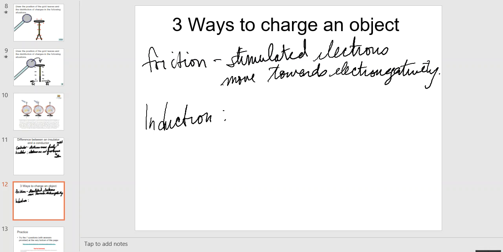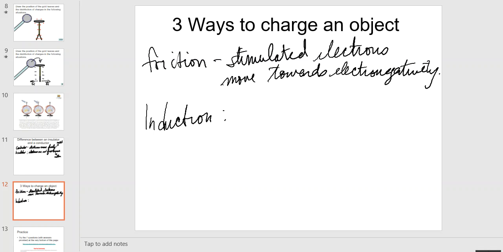Okay, so let's talk about this again. I'm just going to turn it on because it's more fun to hear it. The charge of this? Neutral.